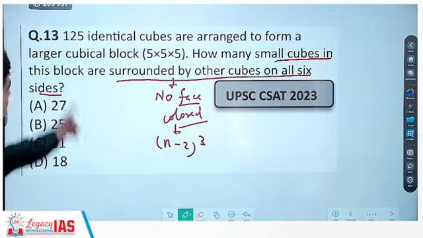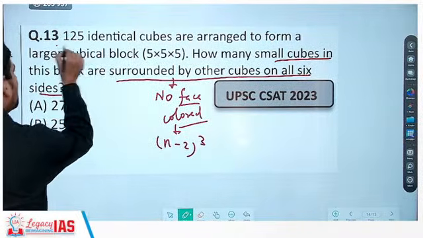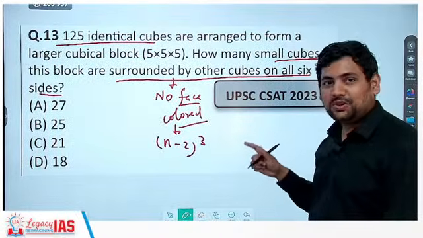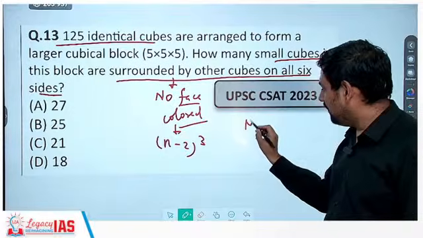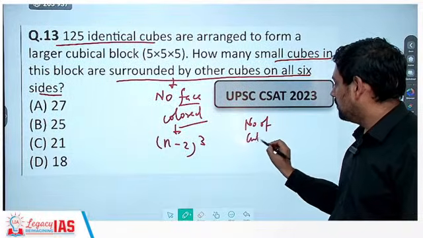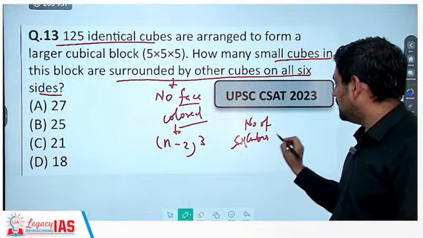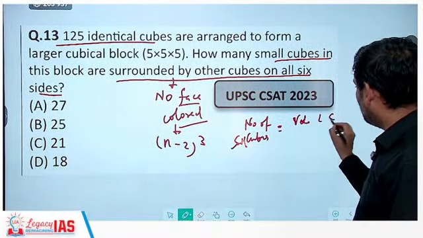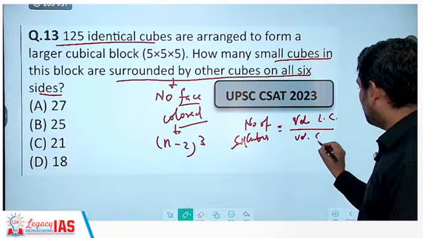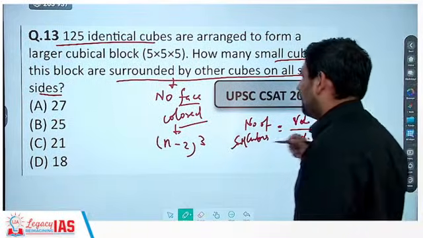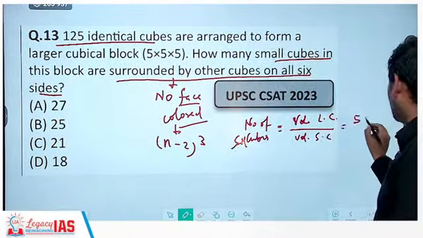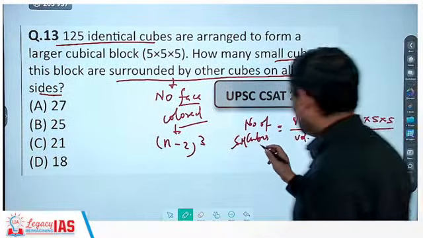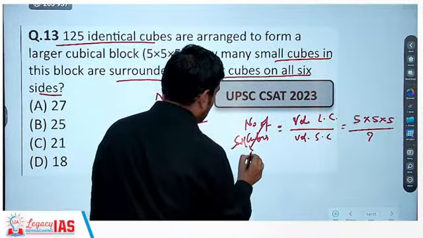Now this is 5 into 5 into 5 and it is cut into 125 identical blocks. That means what? If you remember, number of small cubes was equals to volume of larger cube upon volume of smaller cubes. Now volume of larger cube is very clearly given, 5 into 5 into 5, and this I don't know, but I do know number of smaller cubes.